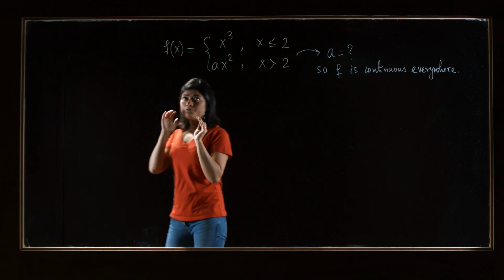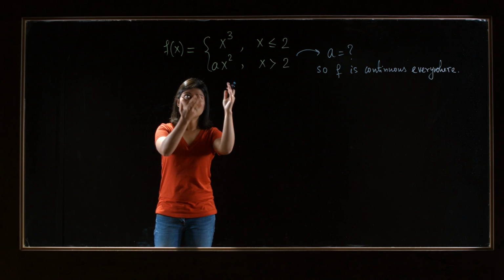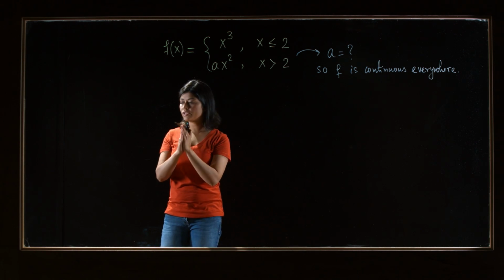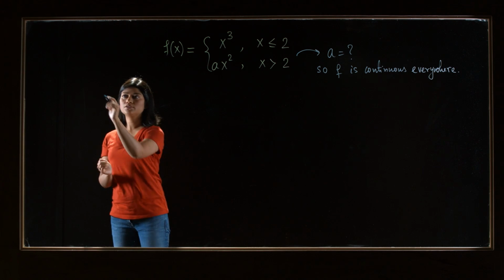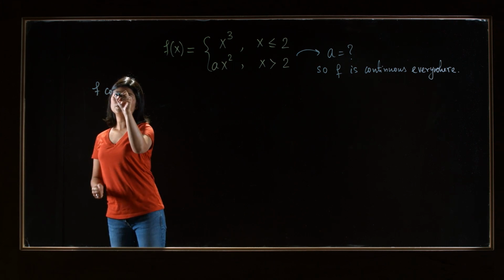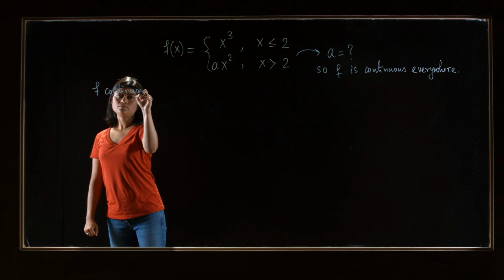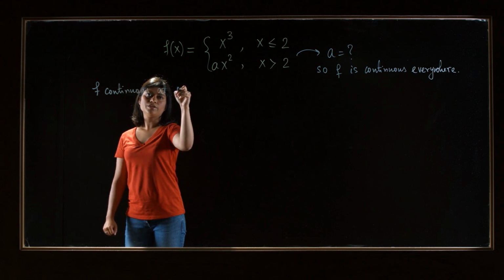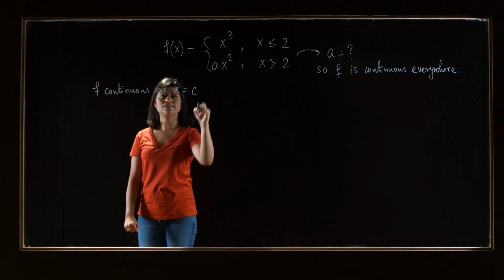All right, before we try to solve the problem, let me remind you the definition of continuity. What does it mean for a function to be continuous at a point, say the point is c?